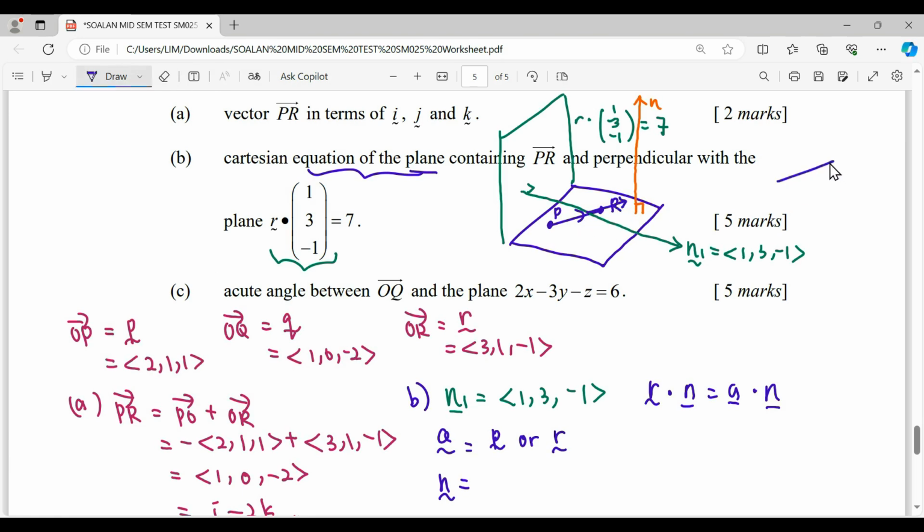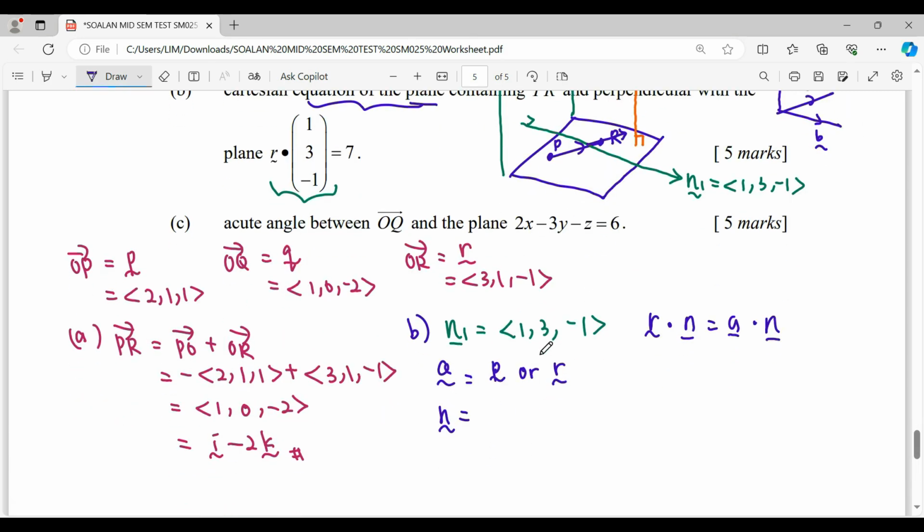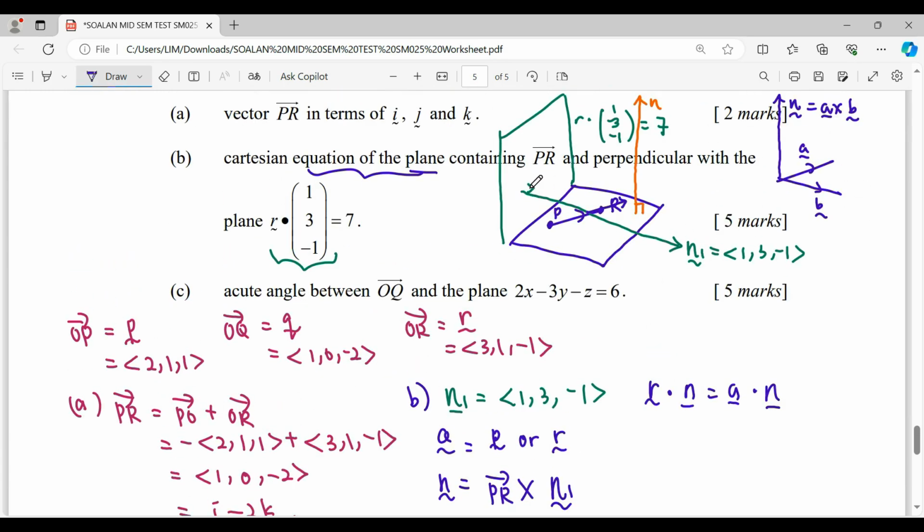When we have two vectors A and B crossing each other, you can build a normal vector, which is A cross B. Therefore, for this surface, the normal vector can be obtained by using vector PR cross with the normal vector that comes up from this perpendicular plane.